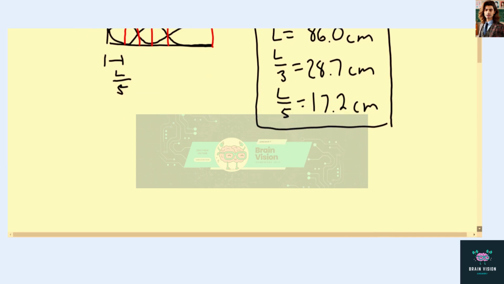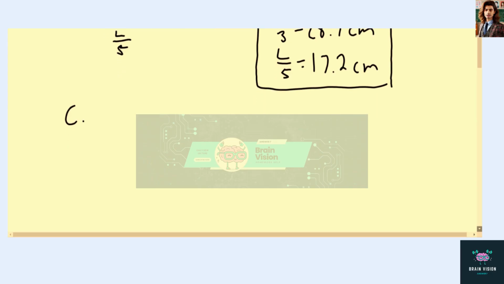All right, and then in part C, we need to find the frequencies for each of these 3 modes of vibration. And this part is also fairly straightforward. We're just doing the same calculation 3 times. So of course, f is going to be equal to v divided by lambda.